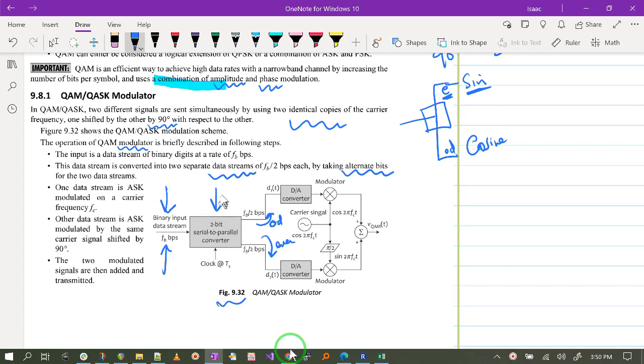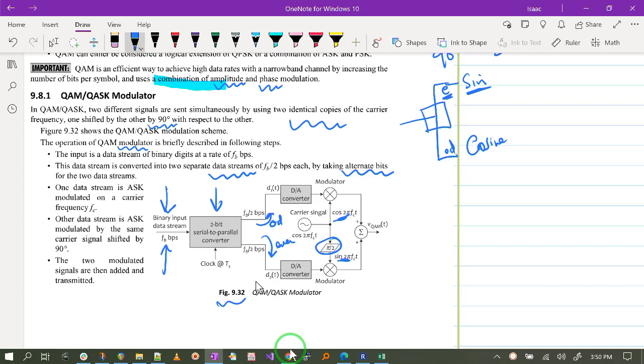One data stream is ASK modulated on a carrier FC, and the other is also ASK modulated by the same carrier, but the major difference occurs here, where the carrier that was cosine is shifted by 90 degrees.